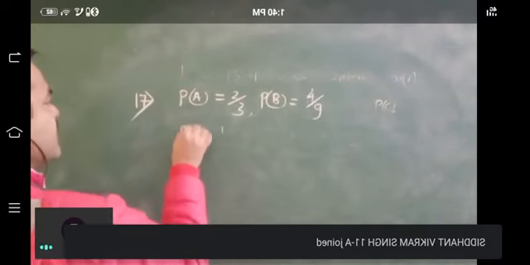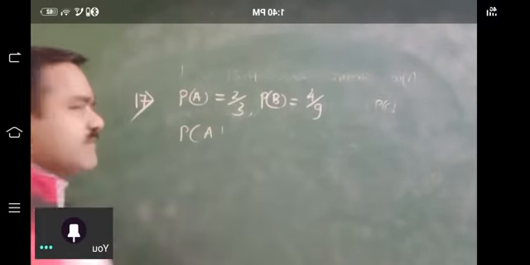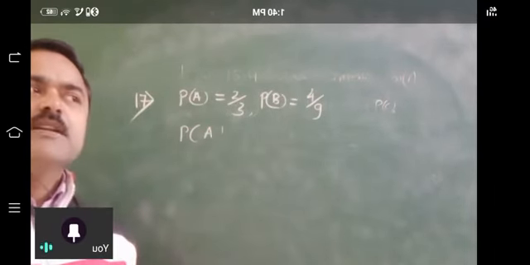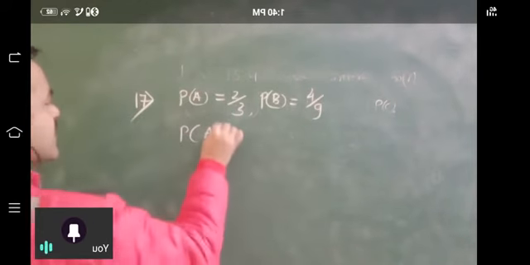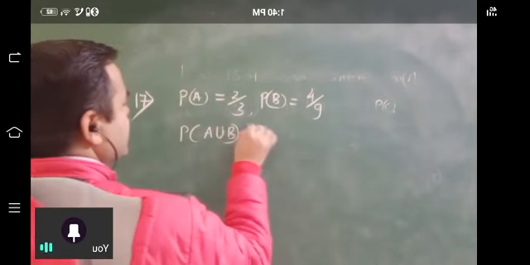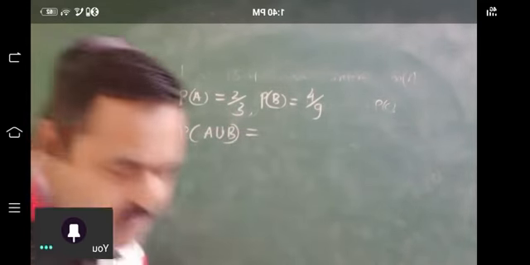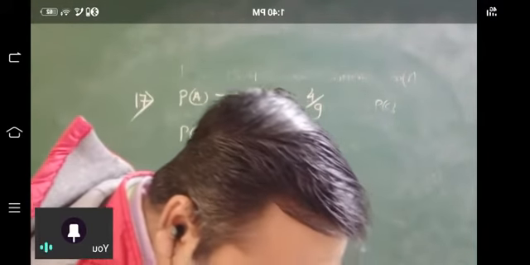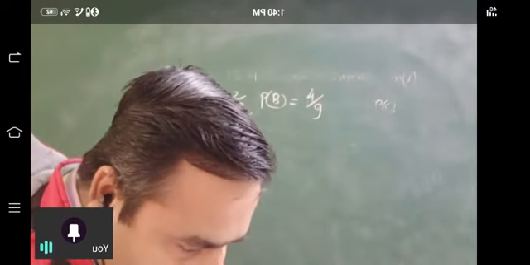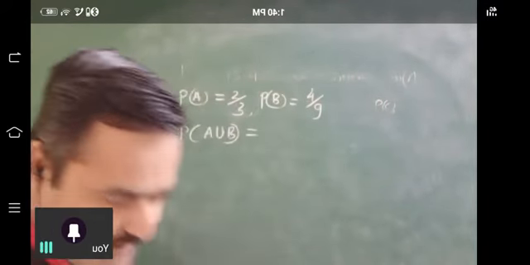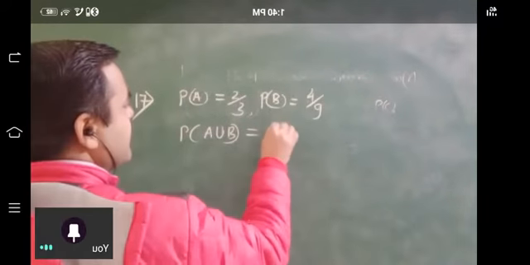Look, probability of at least means minimum and then maximum, so that is the union of A and B, A or B, equal to how much? That is equal to 4 by 5.